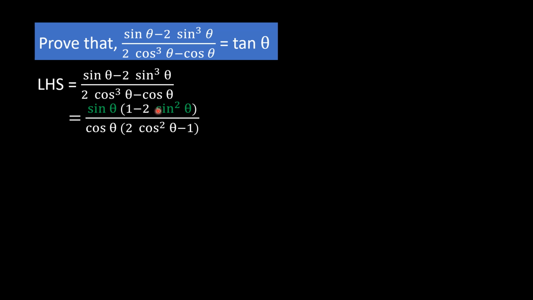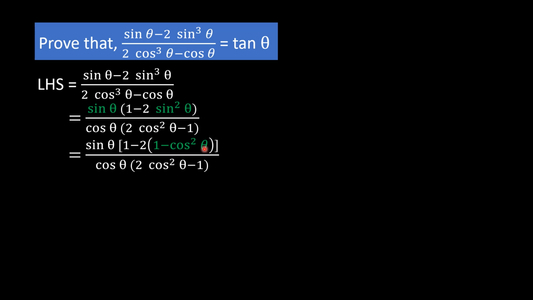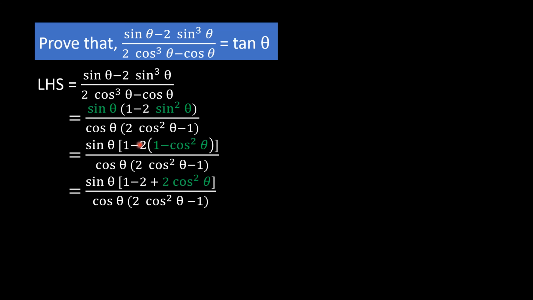Next we will write sin square theta as 1 minus cos square theta in the next step. We will simplify this bracket. So this will be minus 2 multiplied by 1 minus 2. Minus 2 multiplied by minus cos square theta will be plus 2 cos square theta. In the next step, 1 minus 2 will be minus 1.